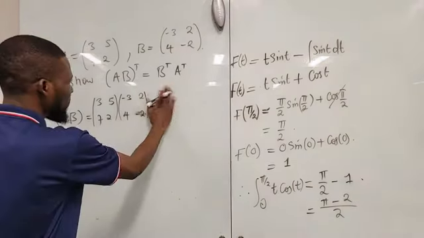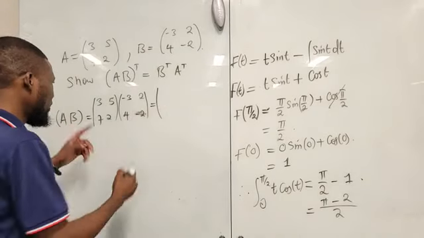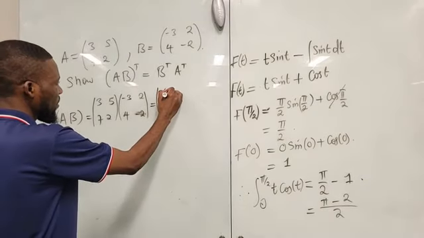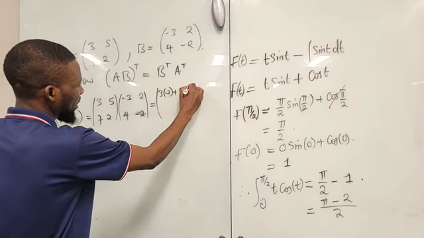Preferably I would write it out so that you can see it. This is 3 multiplied by -3, then plus 5 multiplied by 4.